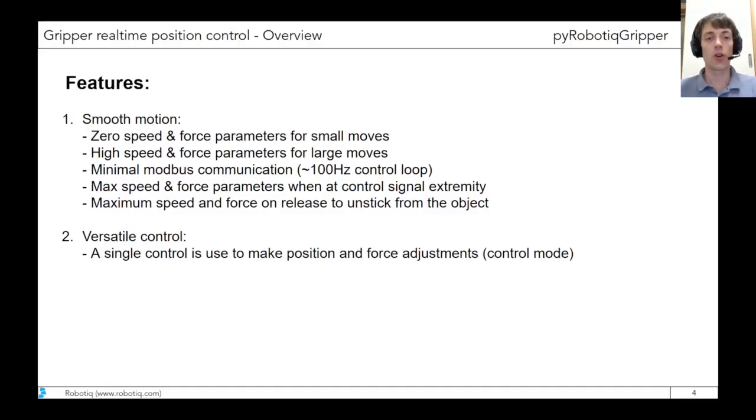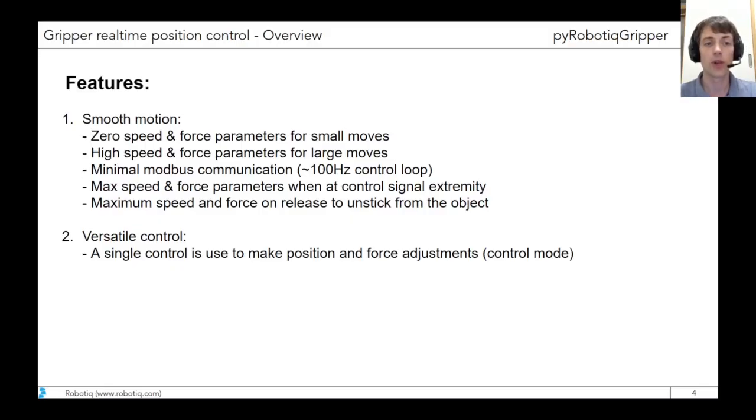To have a smooth motion, you also need quite a high control frequency. The function is made to do just the necessary communication with the gripper, and with it you can have a control loop that reaches about 100 Hertz.